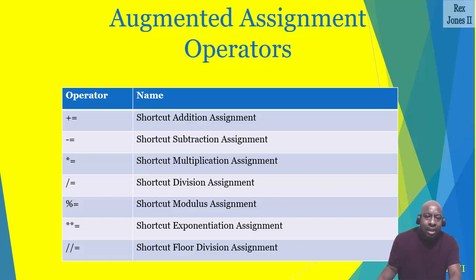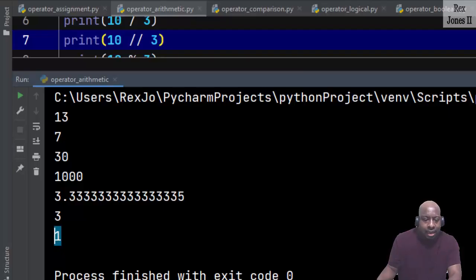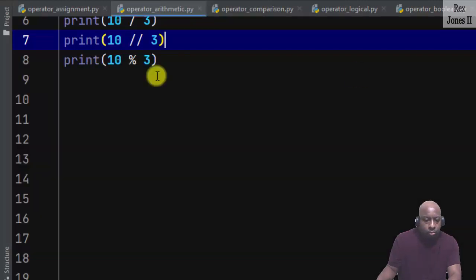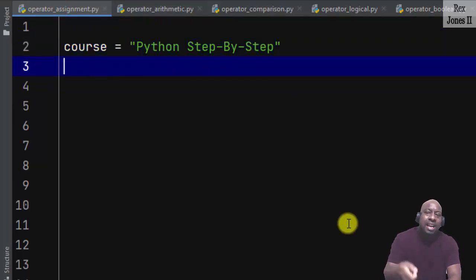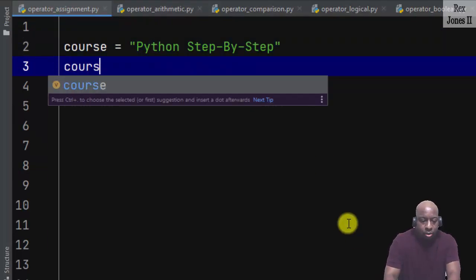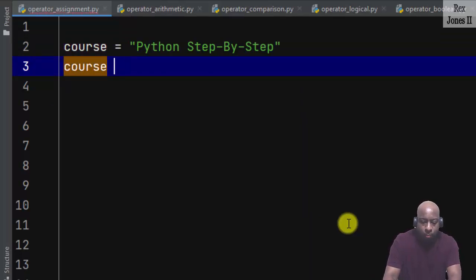We can also combine strings using an augmented operator. In the IDE, we have course equal to Python step-by-step. On the next line, I would write course plus equal to, and the value will be tutorial.